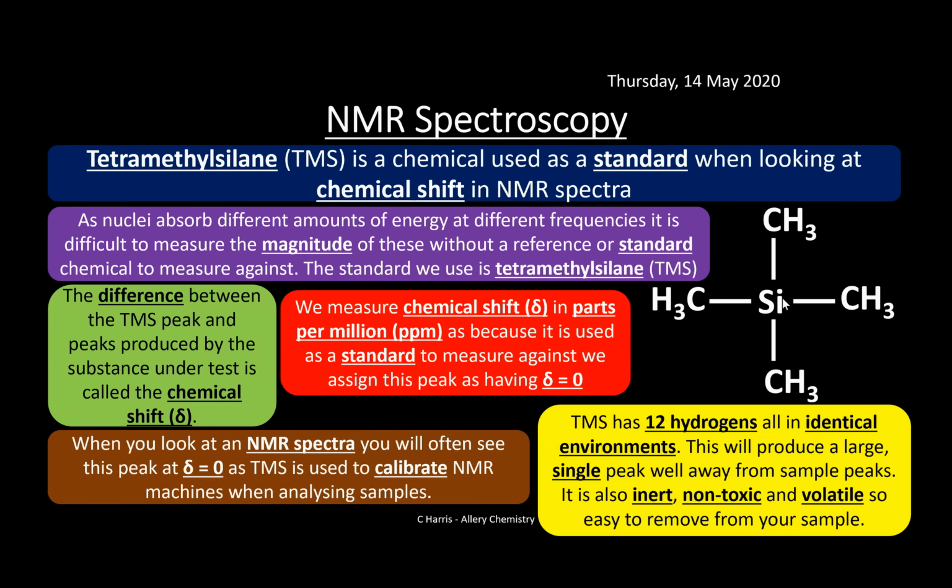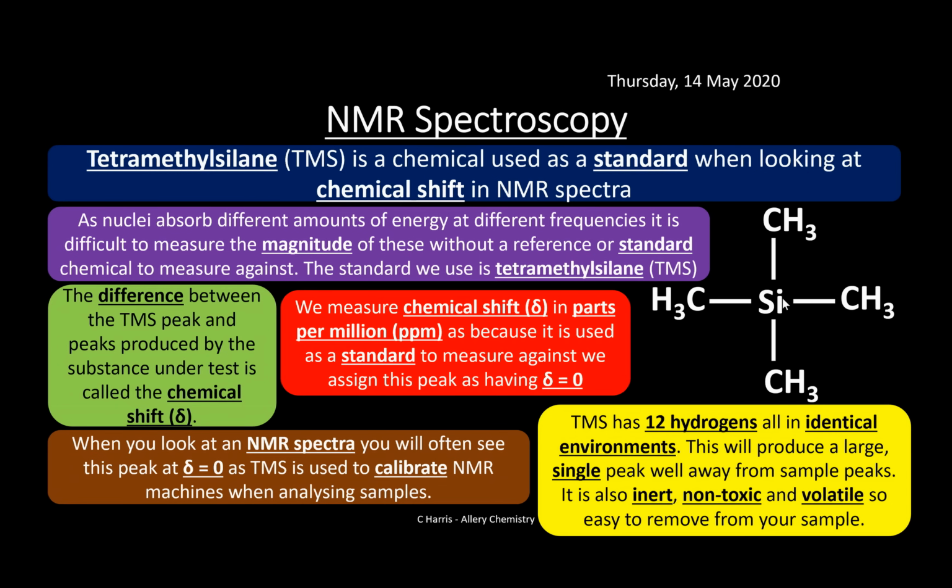Now, it might not be the biggest peak, probably won't be. You can alter an NMR spectrum to emphasise peaks that you want to know about, but if they ask you, any peak at 0 has got to be because of TMS. It can't be because of anything else. So the peak at 0, no matter how high it is, must be because of TMS.